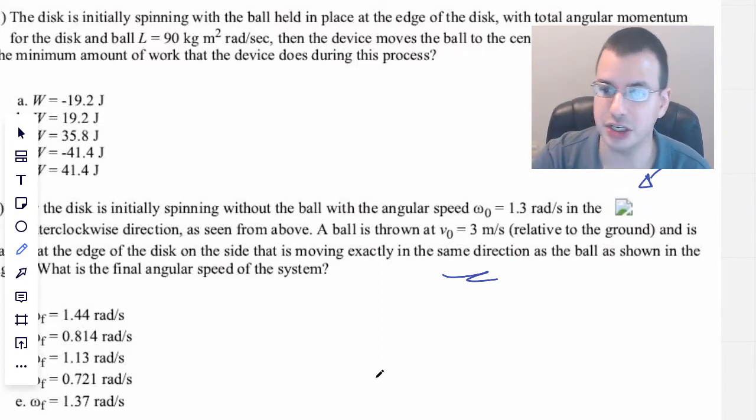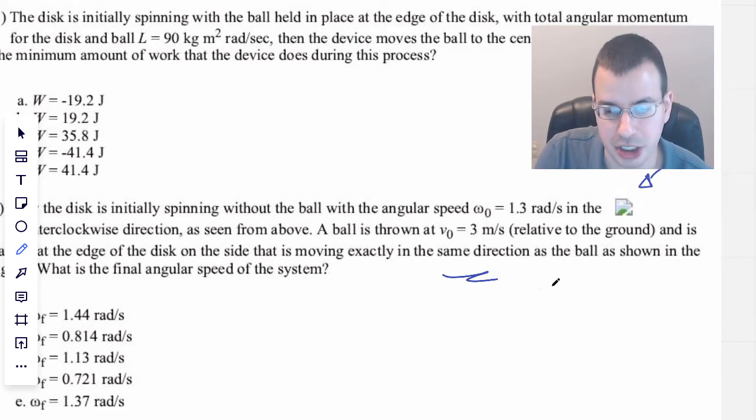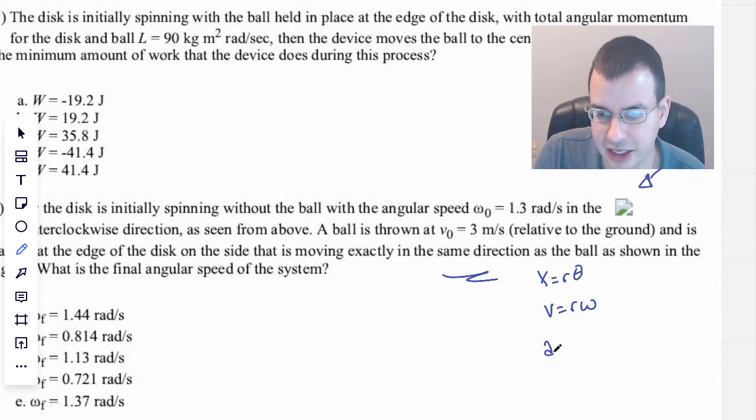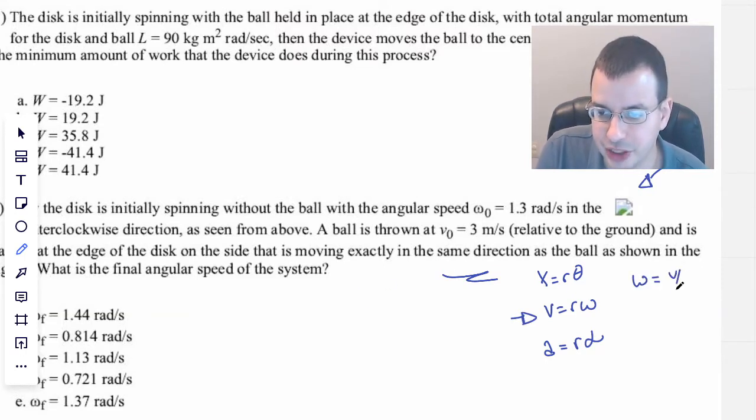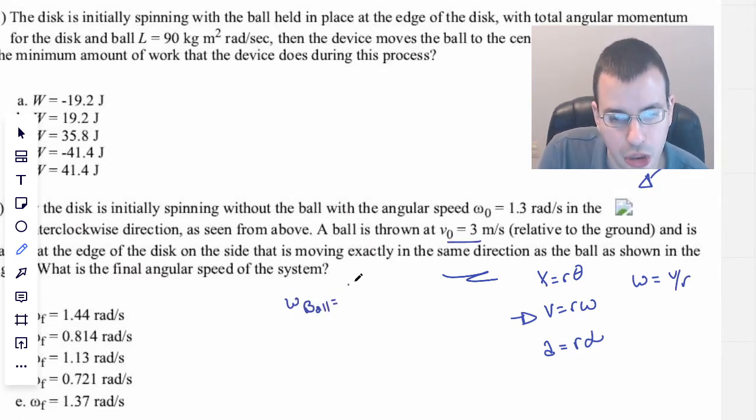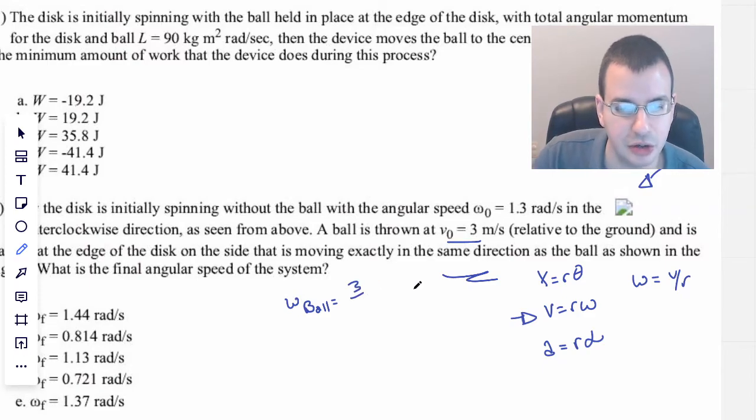So there's a relationship between the two: x equals r theta, v equals r omega, and acceleration equals r alpha. This is the one we're going to go for, and therefore omega equals v over r. Omega ball initial will be 3 over the radius.